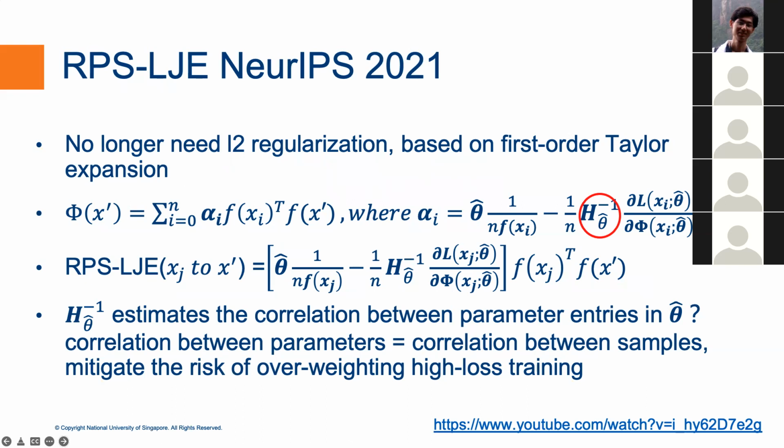After the Taylor expansion, they find that the new alpha_i will take this form. The kernel function is the same. Alpha is different.